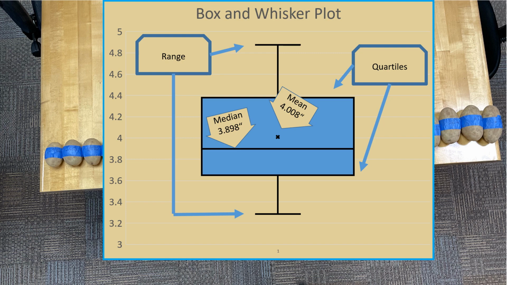So we can learn a couple of extra things about our data and understand if it's a good representation just by looking at the median and the mean and maybe a fancier diagram, the box and whisker plot, that has that information plus a couple of other pieces of information. It lets us see the whole data without having to line up all the potatoes on a table.